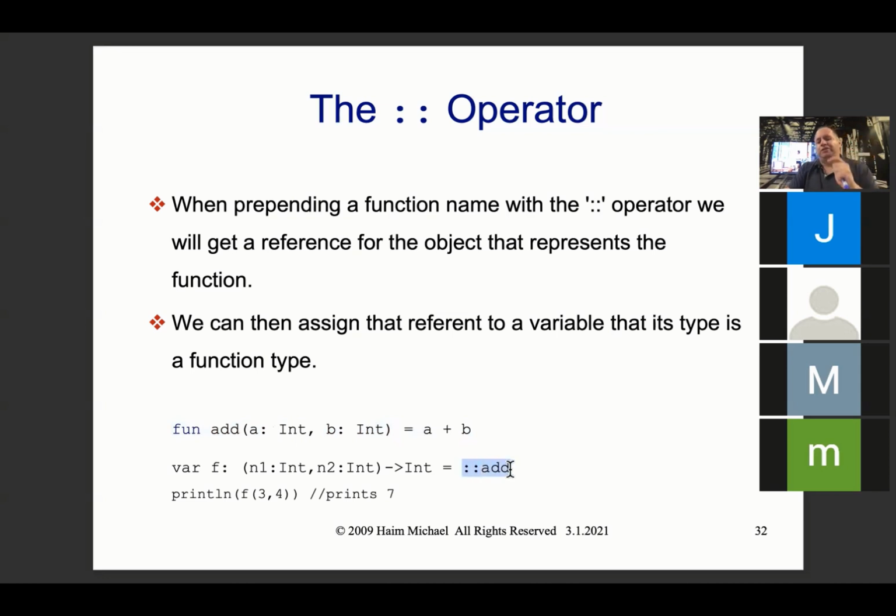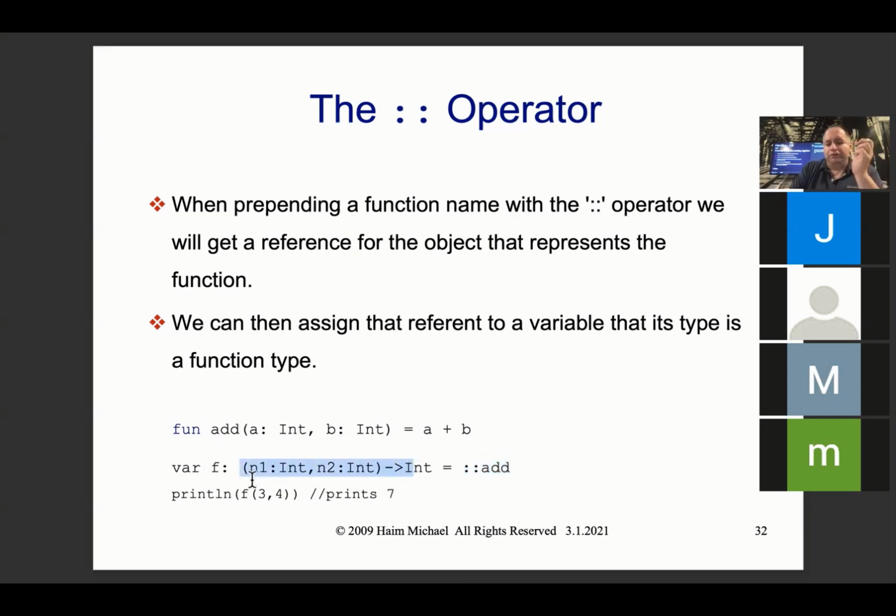This specific Lambda expression that I'm now marking with a gray background, its value is a reference for an object instantiated from a class that implements the function type we're dealing with.